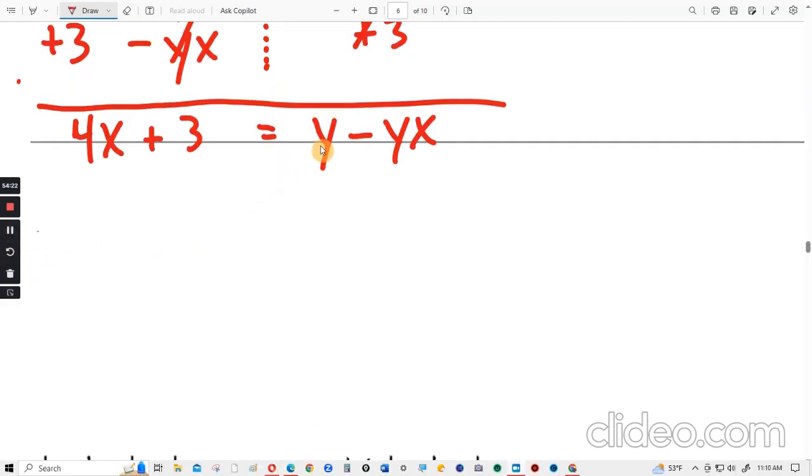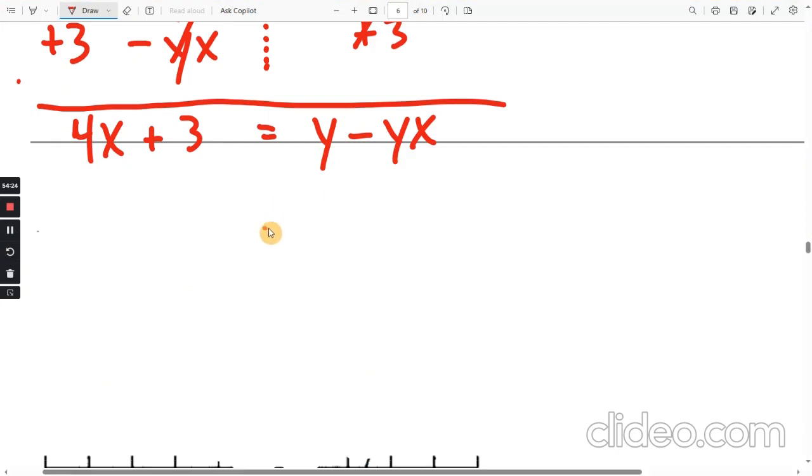In order to isolate this y, we need to factor it. Alright, so we have y. y divided by y is 1. Negative yx divided by y is negative x. If you want to double check, just distribute. y times 1 is y. y times negative x is negative yx. This side is 4x plus 3.